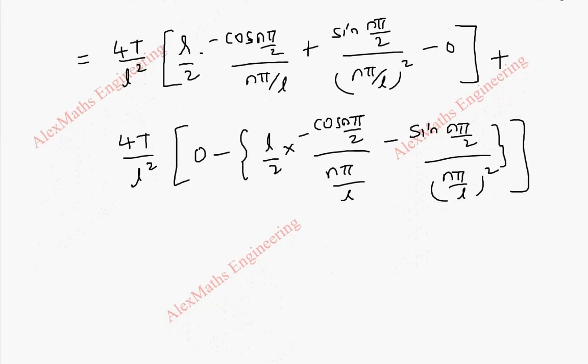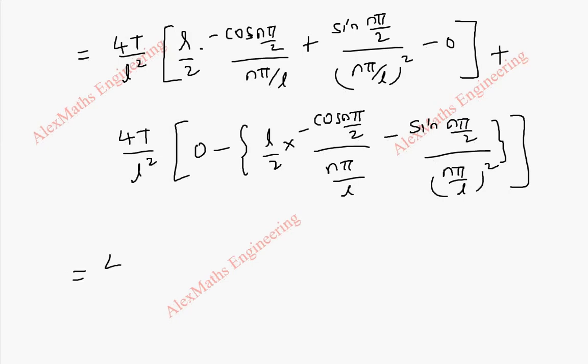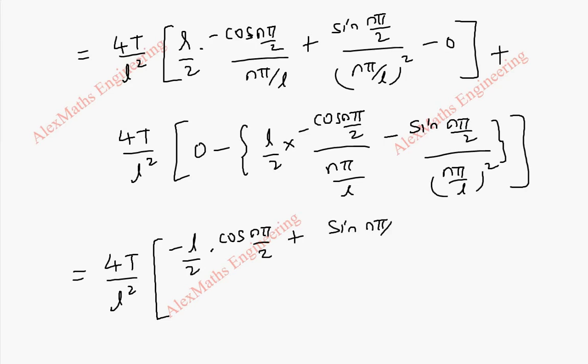Now we take totally 4t by L square common, and write the rest of the terms. The first term is minus L by 2 into cos n pi by 2. Second term as it is sine n pi by 2 by n pi by L whole square. And here we have a denominator n pi by L. Then here this minus sign comes inside.